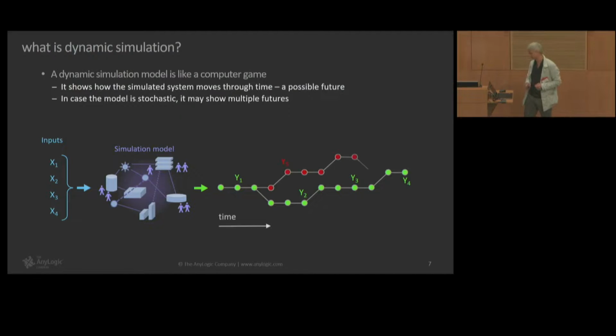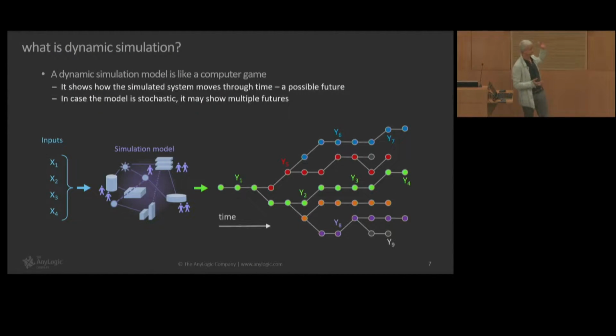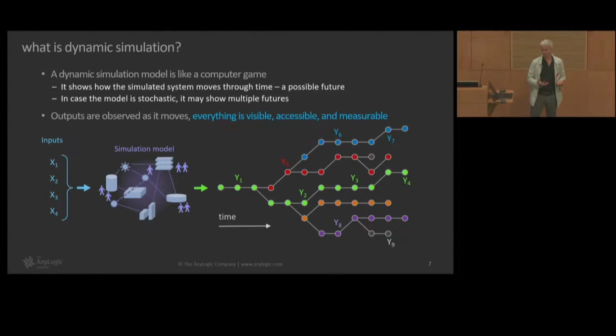Now, in case the model is stochastic, there can be not one but multiple trajectories like this, a tree of those. Now, the great thing about dynamic simulation is that because we explicitly go through all these states, a sequence of states in time, everything which is not beyond our level of abstraction is accessible and measurable.